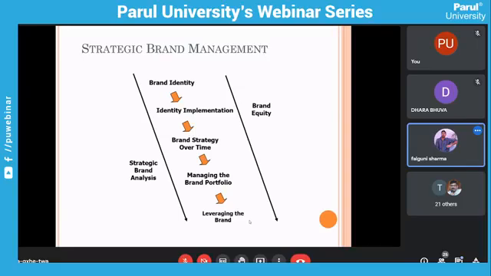Then managing the brand portfolio. Like in brand strategy, we have some pros and cons, some positives and negatives, some merits and demerits, so we have to manage both.